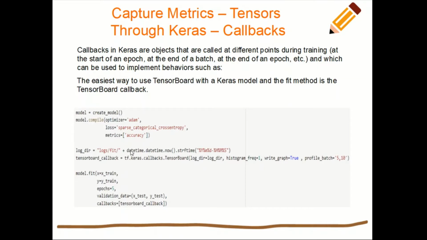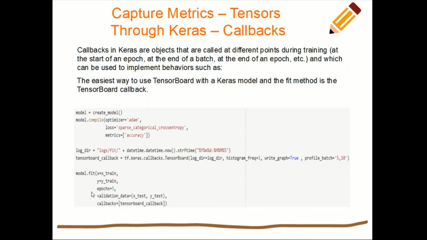So we are creating different directories for the different timestamps, and then we create a TensorBoard callback, right? And what do we give it? We give it a log directory. We give it histogram_freq equal to 1. That means essentially enable logging of the tensors, and we are also enabling the graph, and we can also say that we want the profile, we want the performance data also to be profiled.